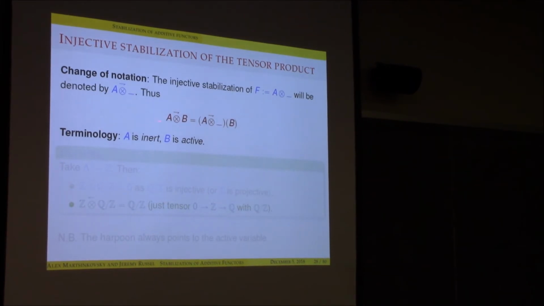And then we have that strange harpoon notation. Well, it points to the active variable. Originally we didn't have the harpoon, we had overbar, and that was very confusing.